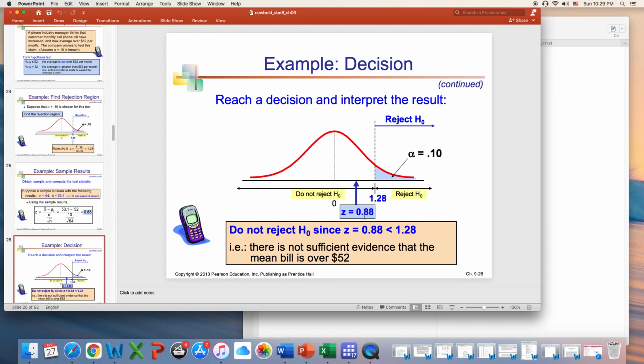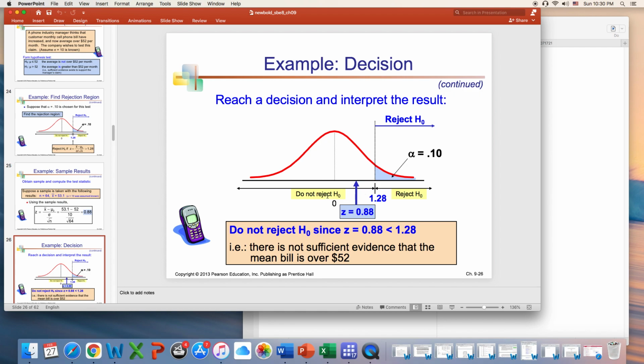And the 0.88 is somewhere here. This is your critical value, 1.28. You can find it if you go to the Z table and search by 0.90, you will get 1.28. Since this 0.88 is less than the critical value, you see it here, it's in the white area, which we call the acceptance region, or the do-not-reject region.